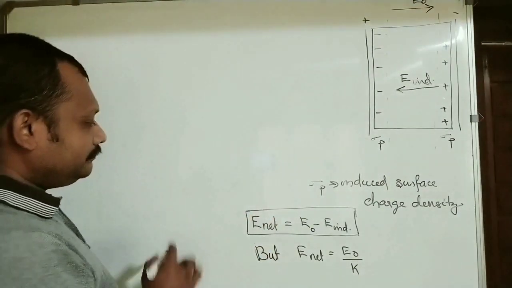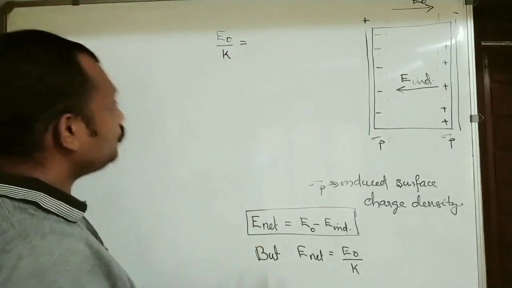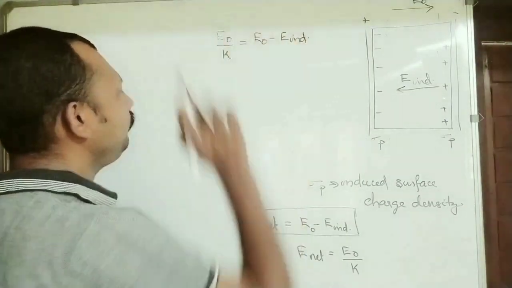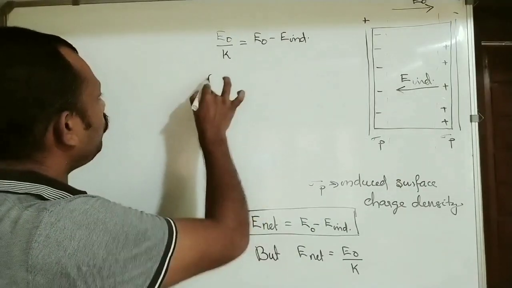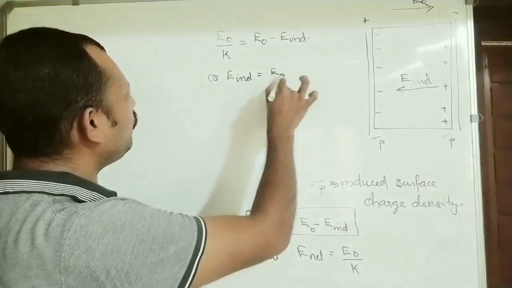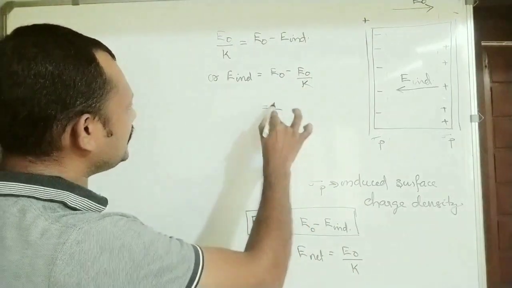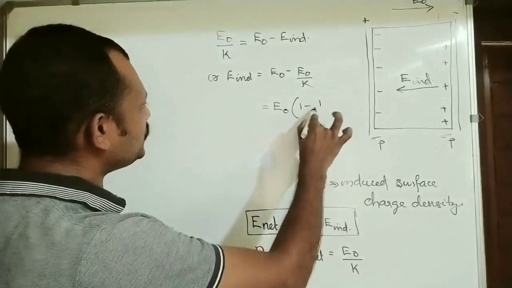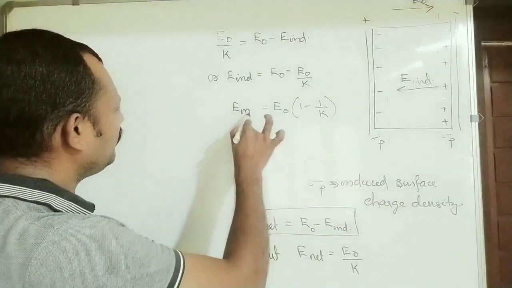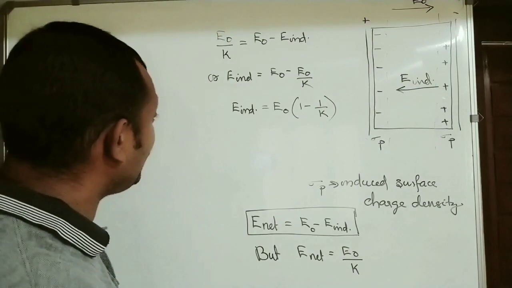Which means I can say E0 divided by K is equal to E0 minus E induced, or the induced field inside a dielectric is E0 minus E0 by K, that is E0 into 1 minus 1 by K. This is the net field. This is the field induced inside a dielectric.